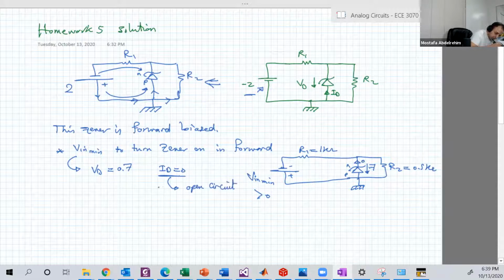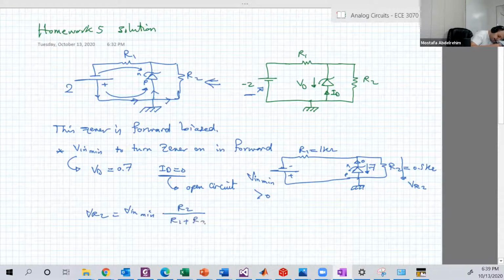So VR2 in that direction is equal to Vin minimum multiplied by R2 over R1 plus R2, which is Vin minimum, which we don't know, multiplied by half a kilo ohm over half a kilo ohm plus 1 kilo ohm.